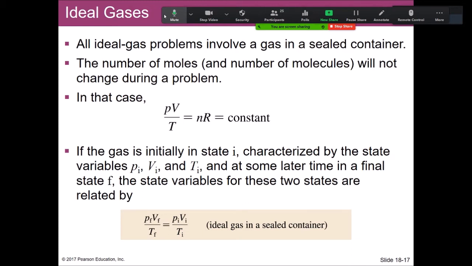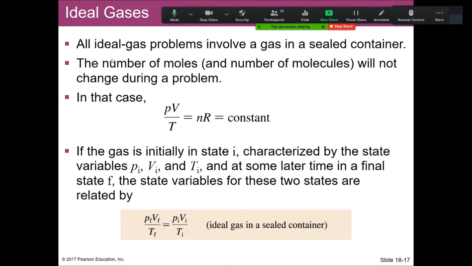And if they're not sealed, it'll be very specific that it's not sealed, like the last problem. Very specifically, we were told that we have a sealed container and we added mass to it. So a lot of problems involve sealed containers, whether we add mass or not. If we have a sealed container and we don't increase or decrease the amount of mass, then we can do something interesting mathematically.